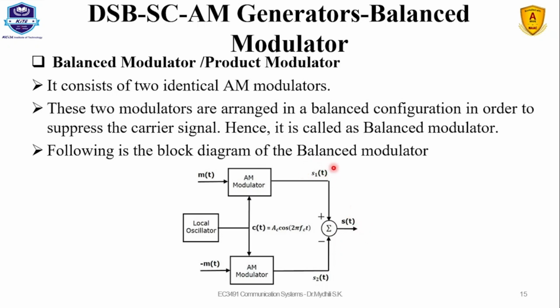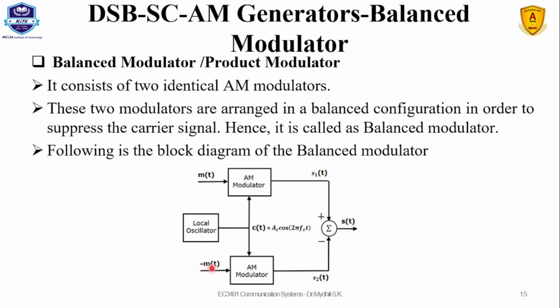That attempt is made here. S1 of t is the output from modulator 1, where the message signal is fed directly to this one, whereas the carrier signal is fed through a common local oscillator. Finally it produces a modulated output, that is the AM modulator 1 output in the first case.